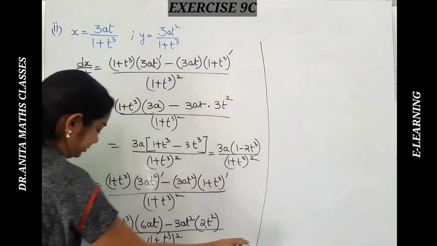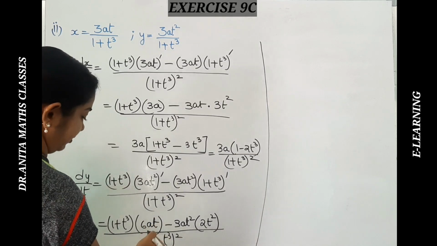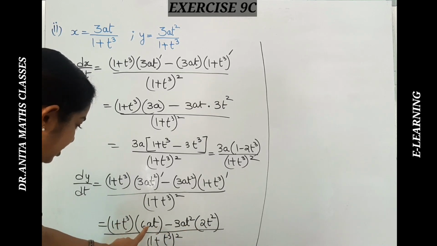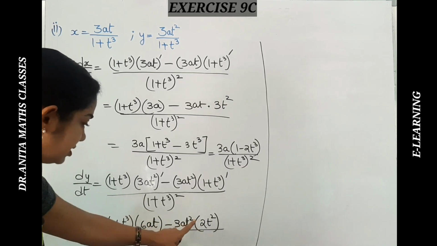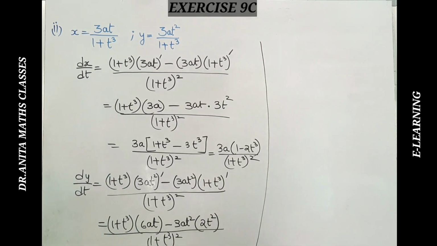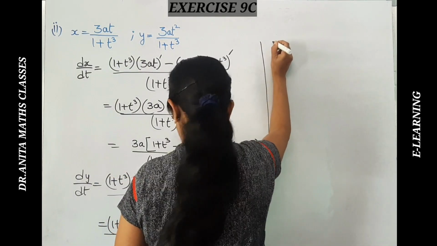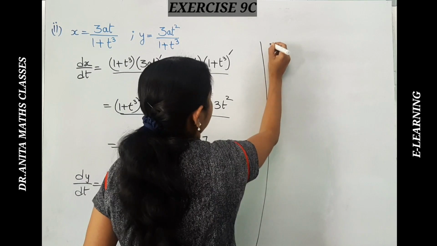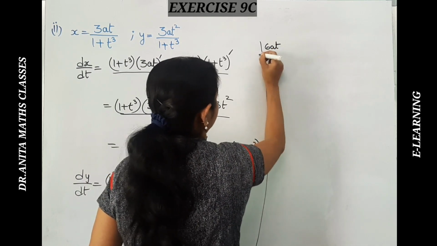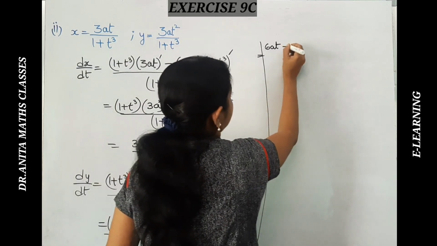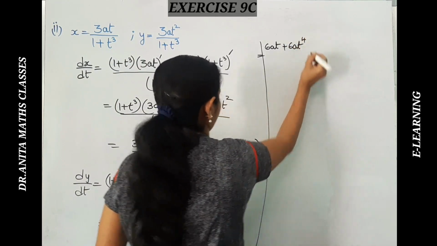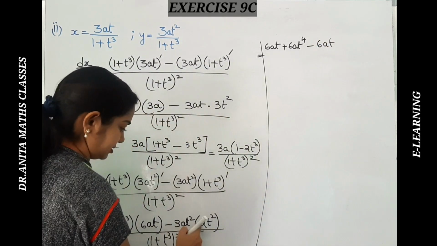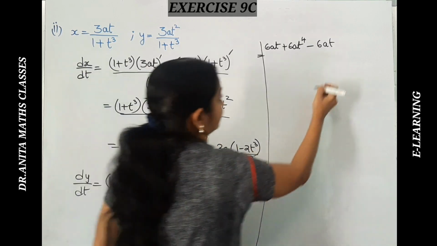So we will write it here. If you are taking 3at common again, we have t4 here. Let's do the product first, not to get confused. 6at plus 6at raised to the power of 4 here, minus 3 into 2, 6a t raised to the power of 4.